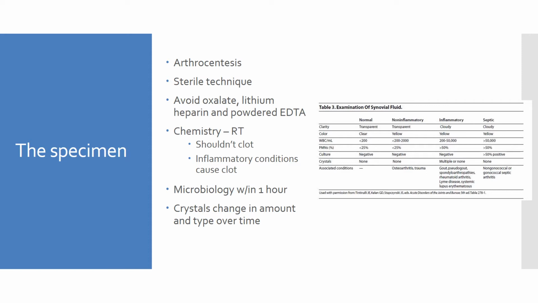So when we're talking about an anticoagulated specimen, we have to remember that usually what we receive is an EDTA specimen, but we don't want to receive it in a powdered EDTA tube. That would be any kind of powdered anticoagulant, whether it's lithium heparin, oxalate, or EDTA. That's because by being powdered, they are necessarily crystallized, and so they could still maintain some crystal artifacts in the fluid, and we really want to avoid that at all times.